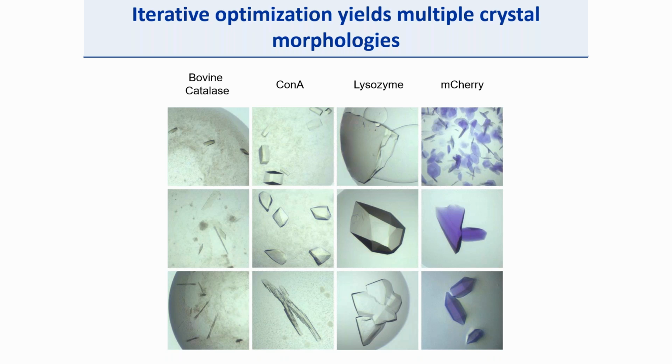One of the key strengths of this method is that if you can identify multiple crystal morphologies, you have a greater chance of different crystallization space groups or different crystal packing that may lead to different conditions, and a higher chance that something diffracts to high resolution. You can get a good structure.